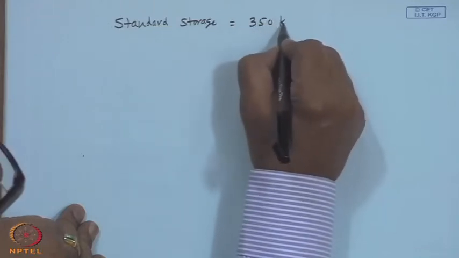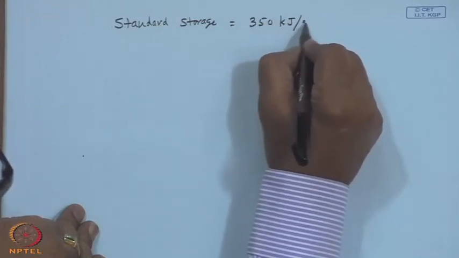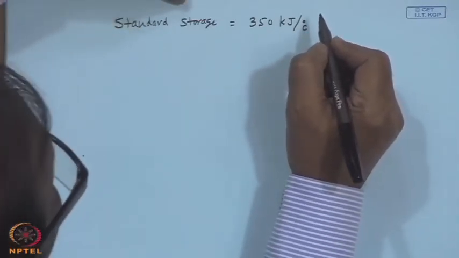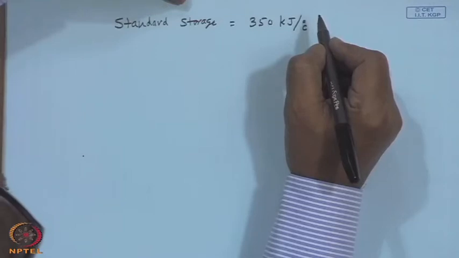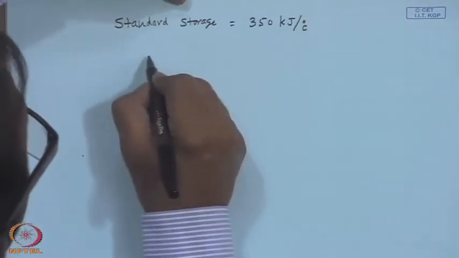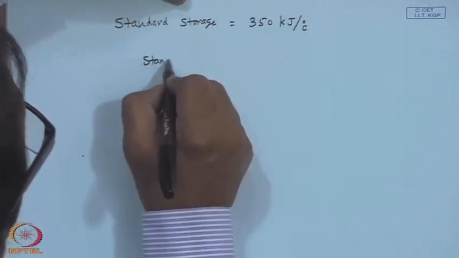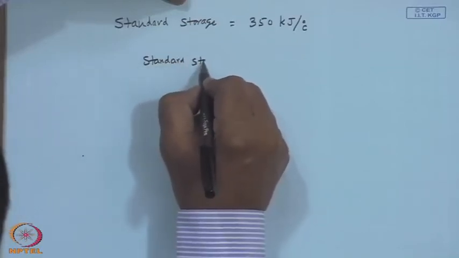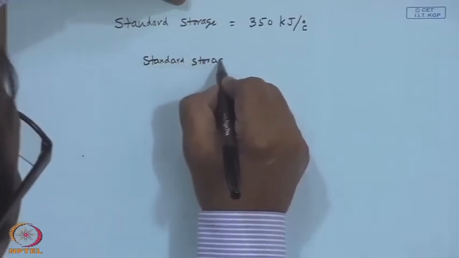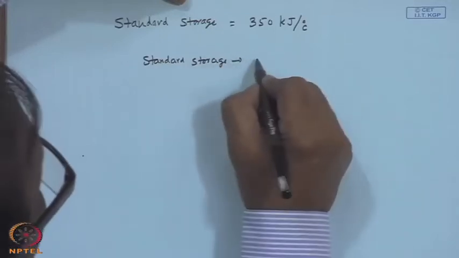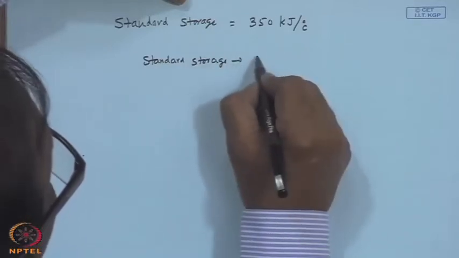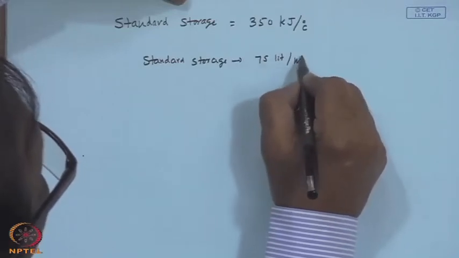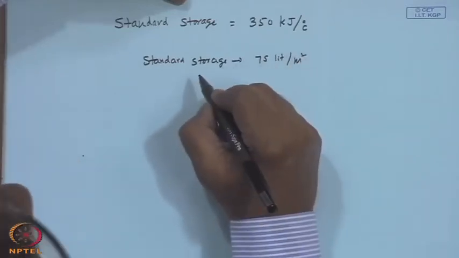350 kilojoules per degree C. Now, in the case of liquid based systems, previously in the case of the F chart correlation, standard storage is considered to be 75 liters of water per meter square of the collector area.